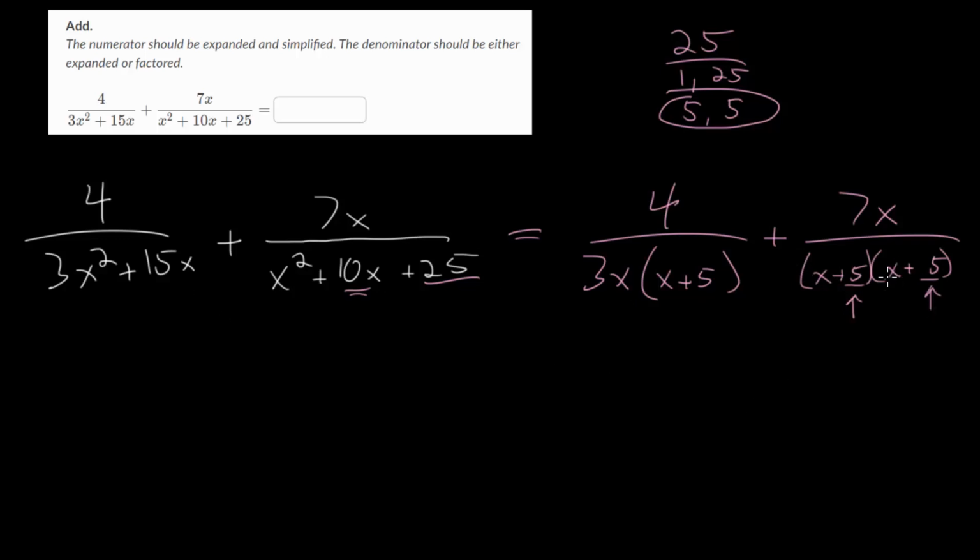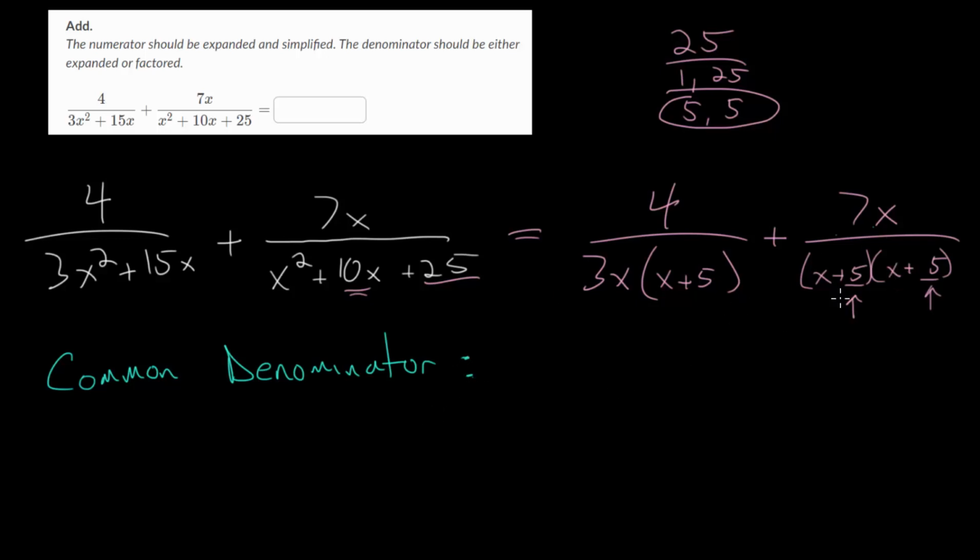So from here, notice that this has two different x plus 5s, and this has an x plus 5, whereas this left one has a 3x and this one doesn't. So for this one, our common denominator, we can think of that as our least common multiple of these.